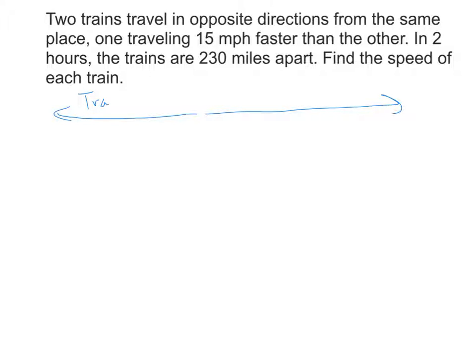So if we say this is train A and this is train B, we can write that the distance train A is going, using a subscript of A, is the rate train A is going times the time train A spends traveling, and the distance train B goes is the rate of train B times the time train B is going.